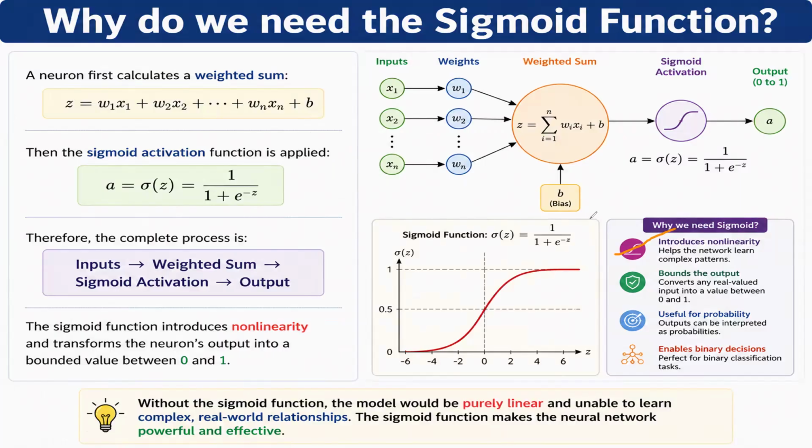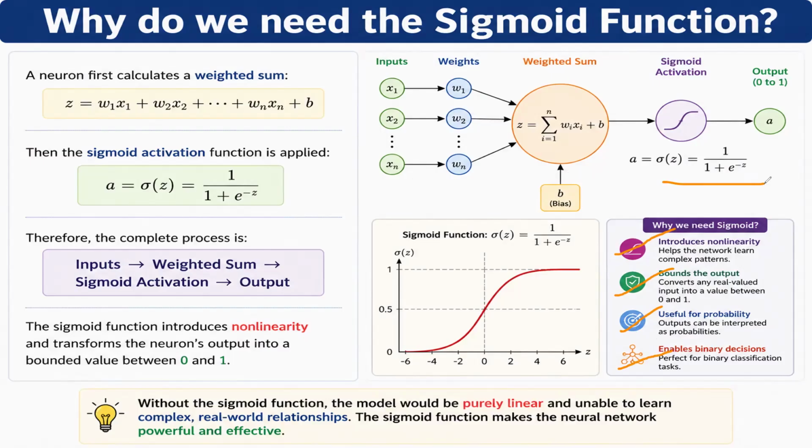But you see, the output of sigmoid activation function is between 0 to 1. So again, it converts any real value input between 0 to 1. It is used in probability and it enables binary decision. So if you want to check whether the email is spam or not, here you will require binary decision, spam or not spam. So that's why the sigmoid activation function is required.